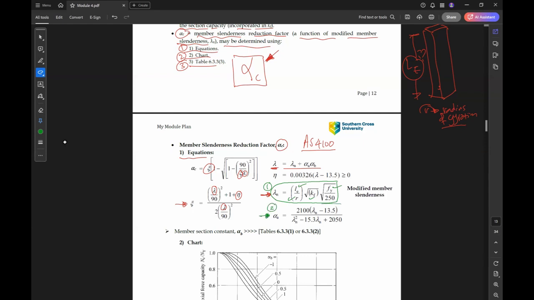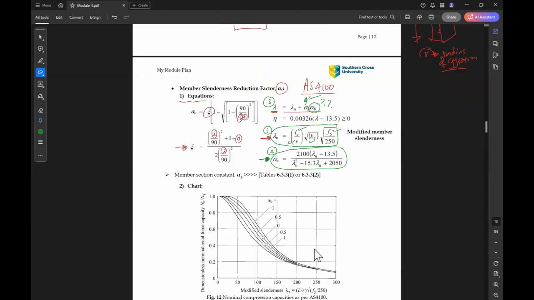Just the second step, 2100 lambda n minus 13.5 over lambda n square minus. So after you get alpha A, you can find lambda here equal to lambda n plus alpha A and alpha B. Alpha B will come from this table, from tables 6.3.3.1 and 6.3.3.2.